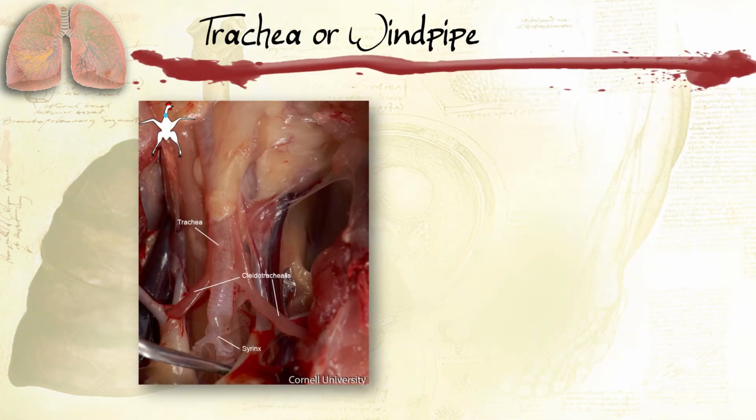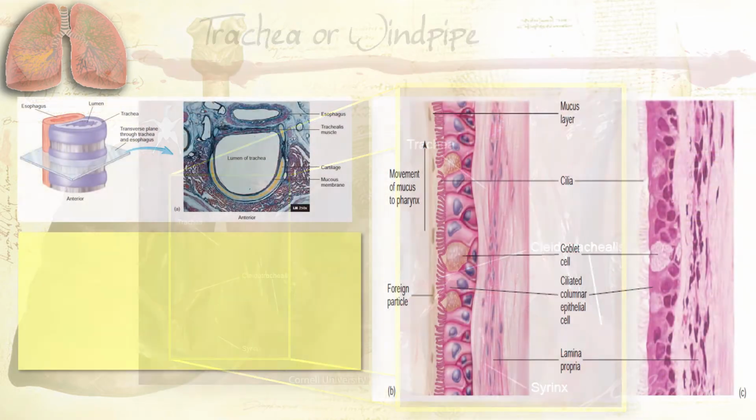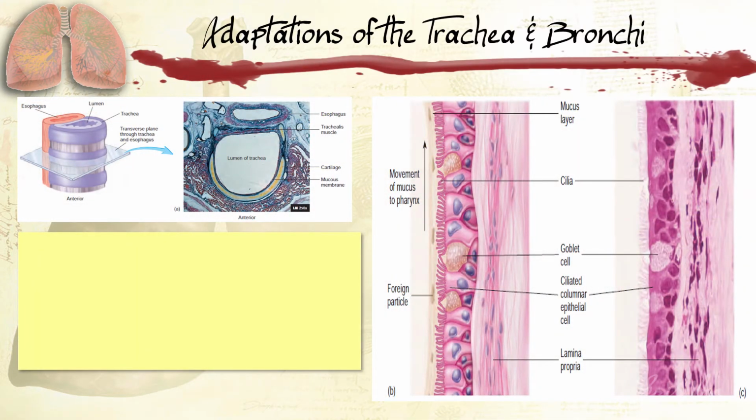After the larynx, the air will travel through the trachea. So this is how it looks. Nothing much on the exterior surface, but what is important is what is inside, because you do have to know the function of cilia. There are gland cells inside our trachea that secrete mucus.